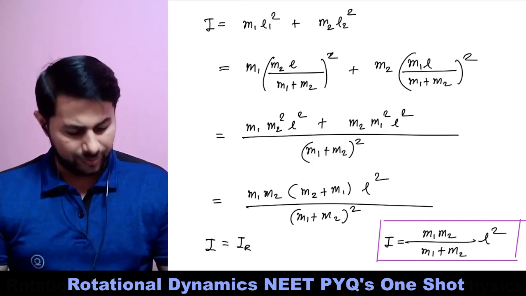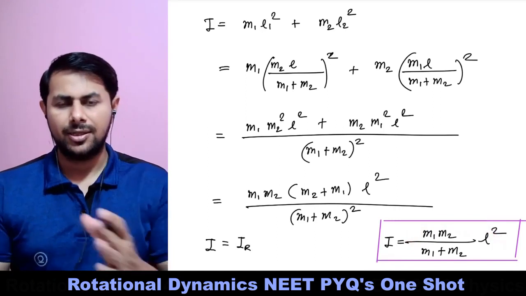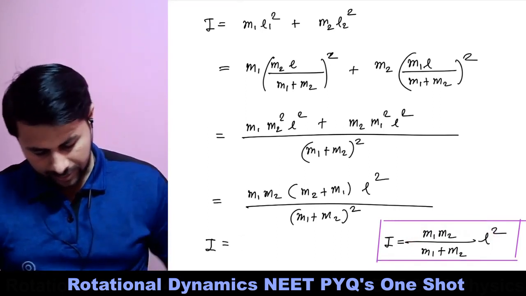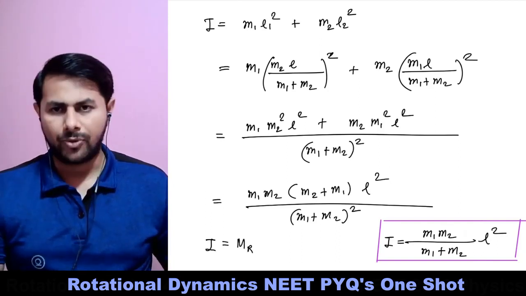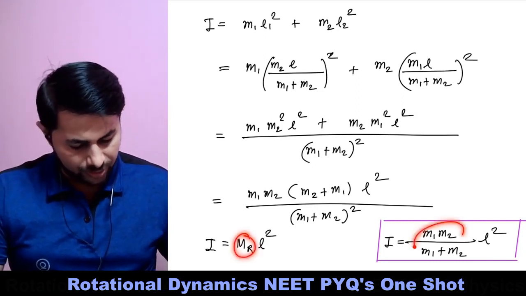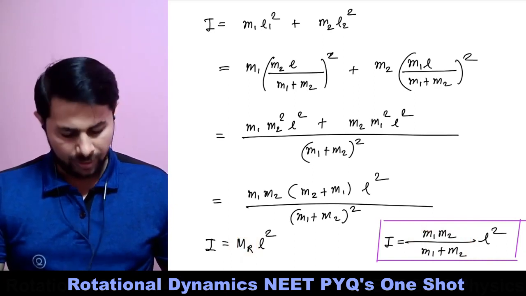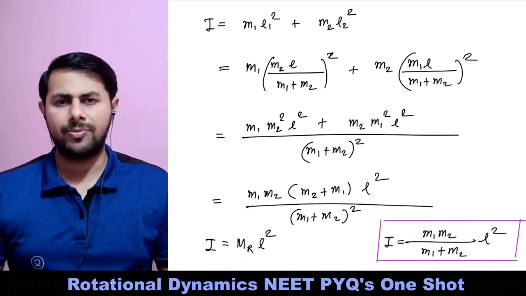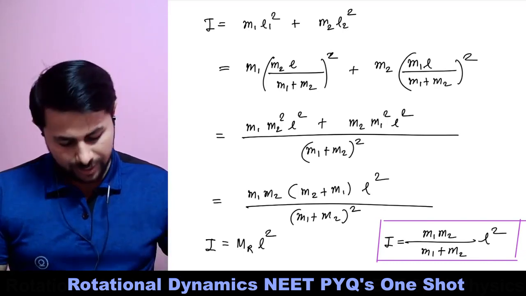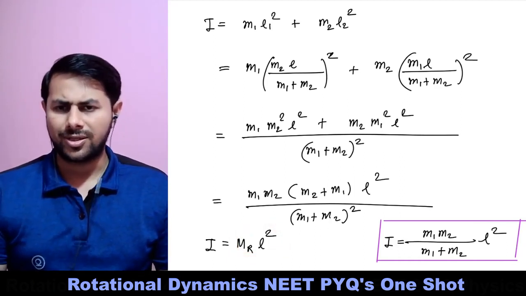Kinetic energy will be half of I into omega square, where I is the moment of inertia, mr, r for reduced, multiplied by L square. And how much is the reduced mass? Reduced mass is m1 m2 divided by m1 plus m2. So got this? Yes, no?